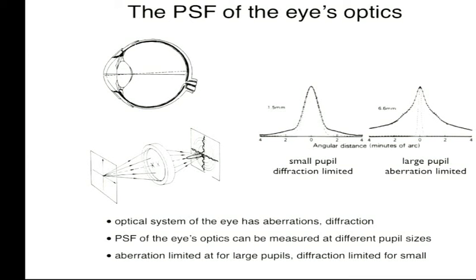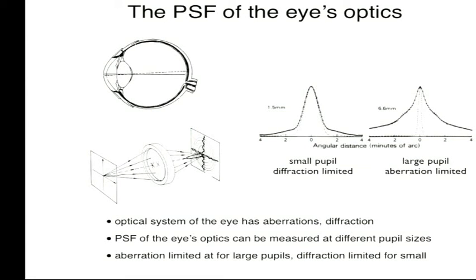And you get a point spread function due to that diffraction. But it means that the visual system is operating near its ideal limit. So the visual system in daylight is essentially as good as it can be in terms of its image quality, its optical quality.